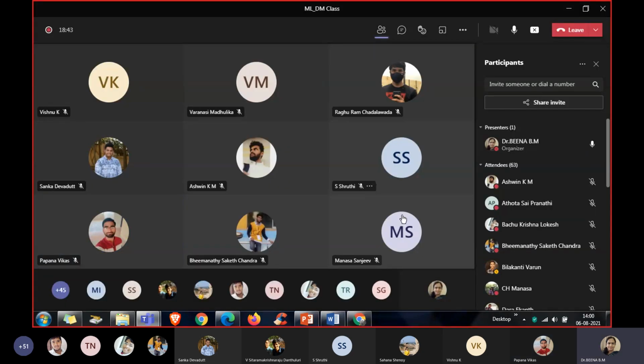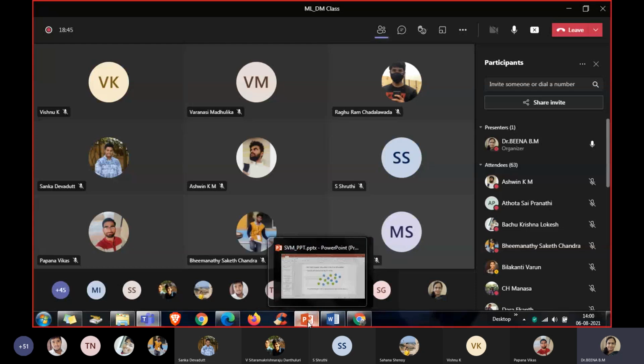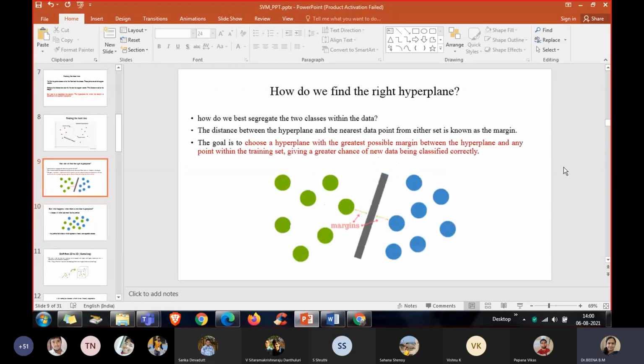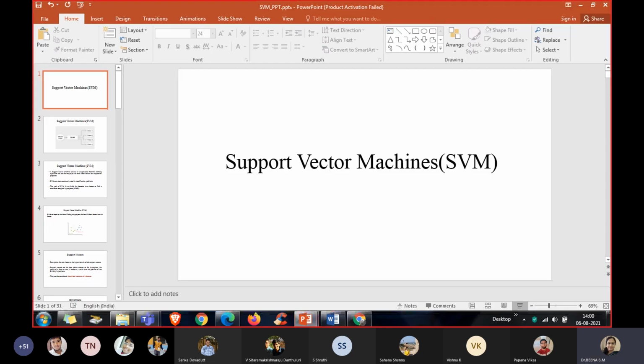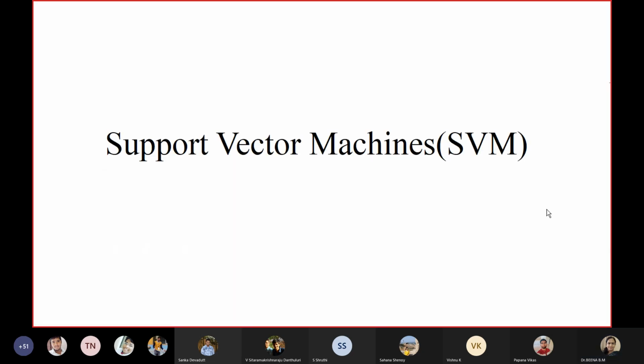Okay, thank you. Now with this, we will go to the subject, support vector machine. So what all models have you studied so far? Only KNN or other algorithms? I think only KNN, right? So the next algorithm is support vector machine.